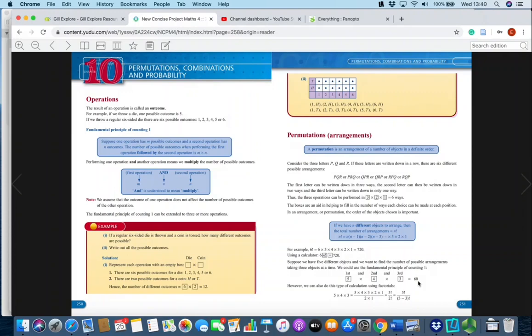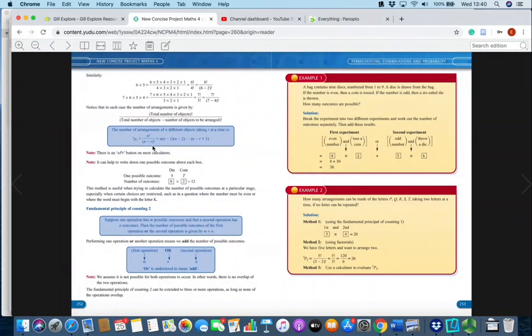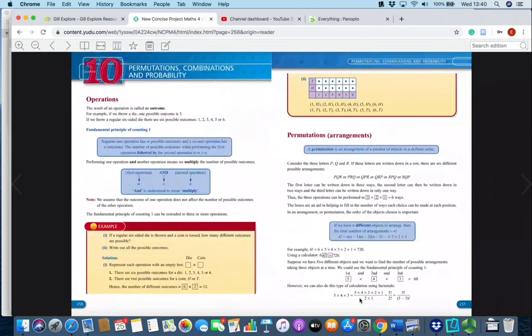There is again a formula for this. We can do it using factorials. I'm going to go on to the next page, which gives you the official formula for it. It is the total number of arrangements, so that would be 5 factorial in this case, over 5 minus the 3 that I need to arrange, factorial. Now let me go back and show you that in operation.